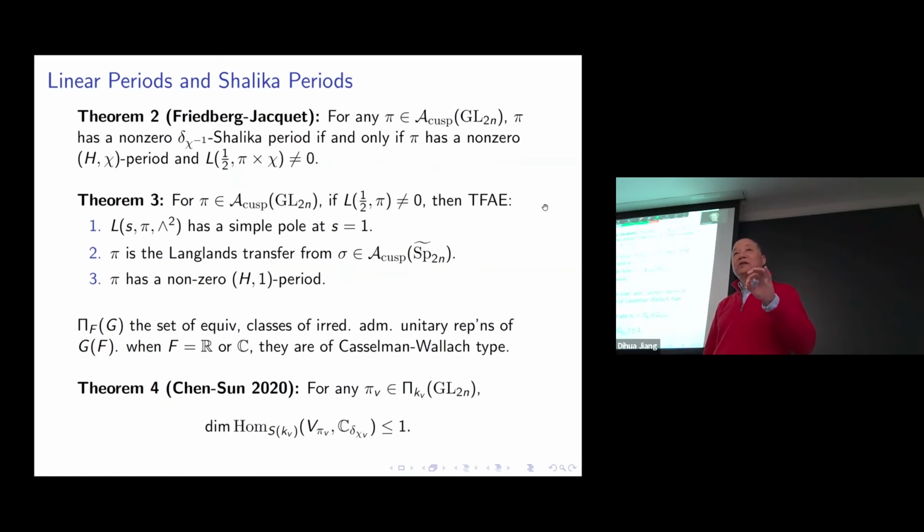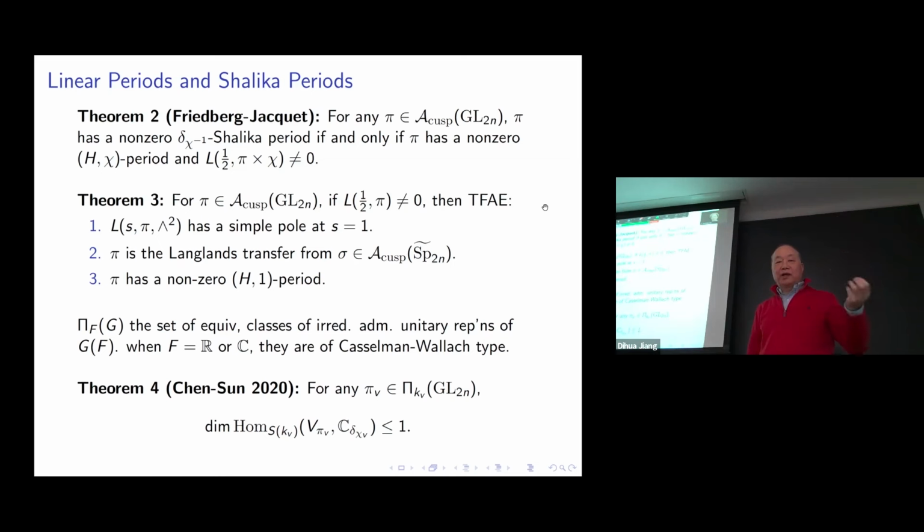The one is weaker by a central value non-vanishing. Okay. Of course, you can write theorem 1 in terms of linear period in theorem 3, right? Replace the Shalika period by linear period, but you add this central value non-vanishing condition. Okay.